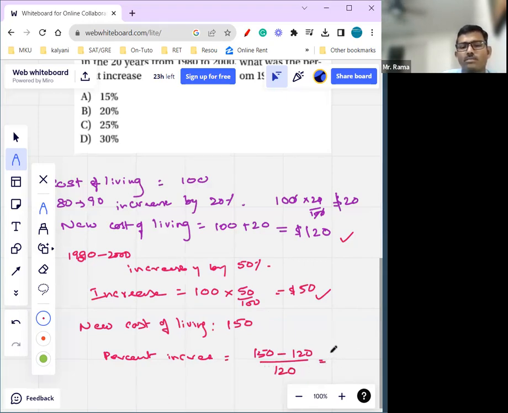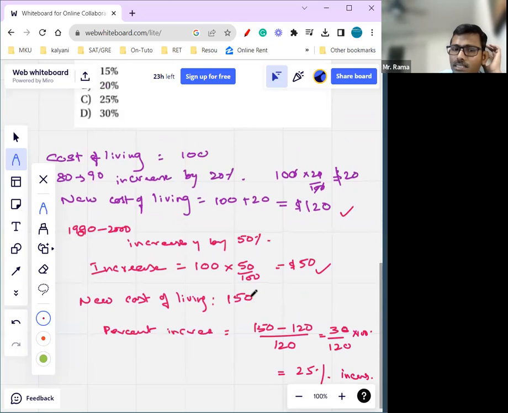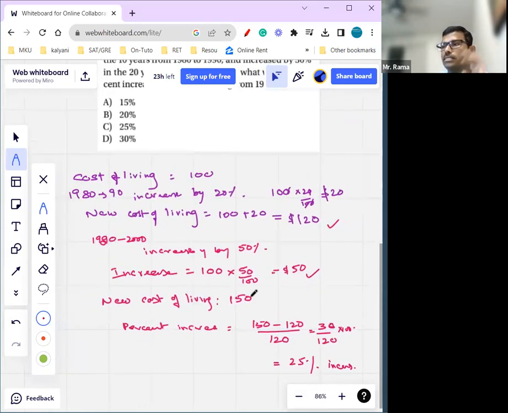If I take away those two, that is 30 over 120. You're looking at the percent, that means times 100. So basically, that's 25% increase. Percent increase. Okay.